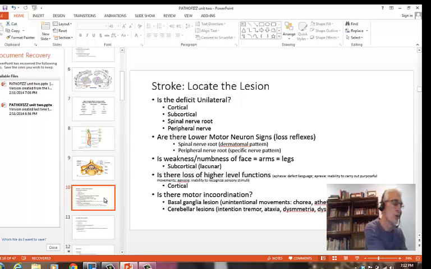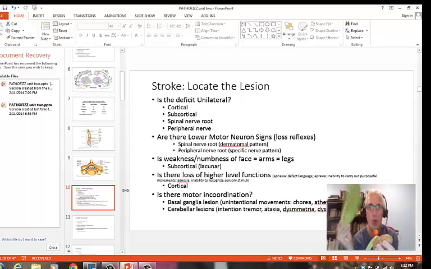Those are higher level or cerebral functions. And so if there's a loss of those higher level functions, then you know that it's in the cerebral area or the cortex.